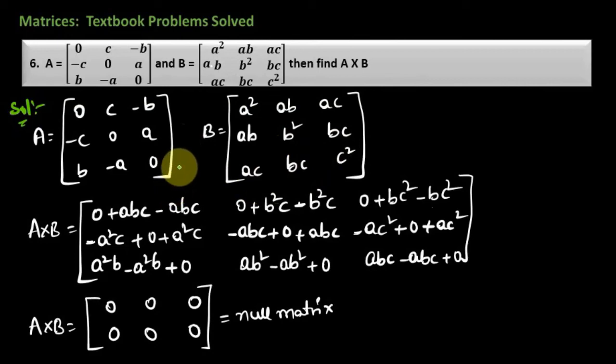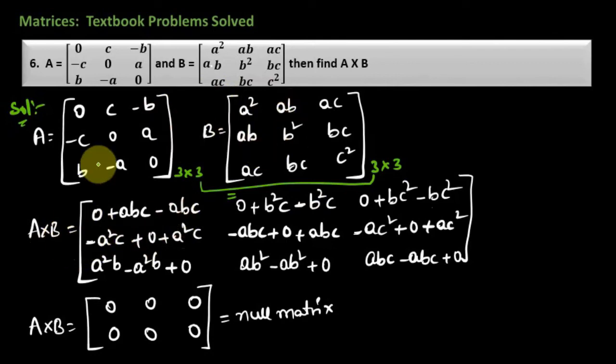For that we need to check their order. The first matrix order is 3 cross 3 and the second matrix order is also 3 cross 3. The number of columns of the first matrix is equal to the number of rows of the second matrix, so we can do multiplication on these two matrices, right?